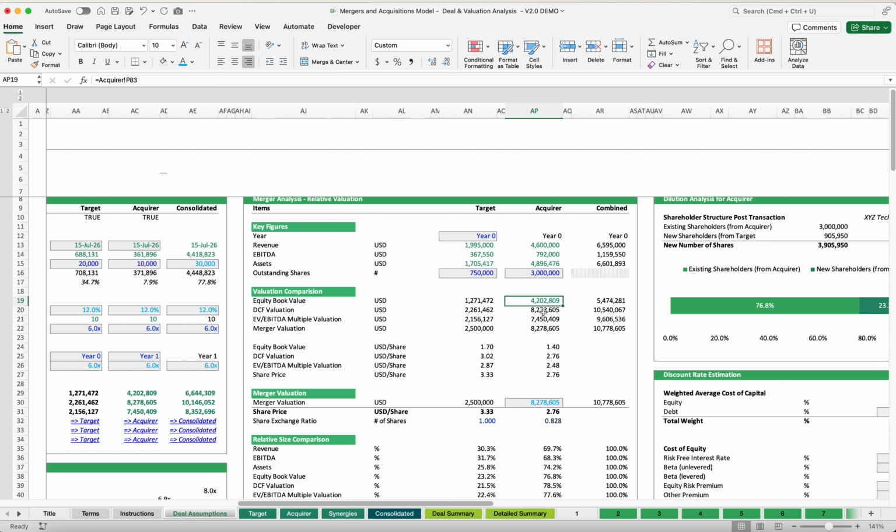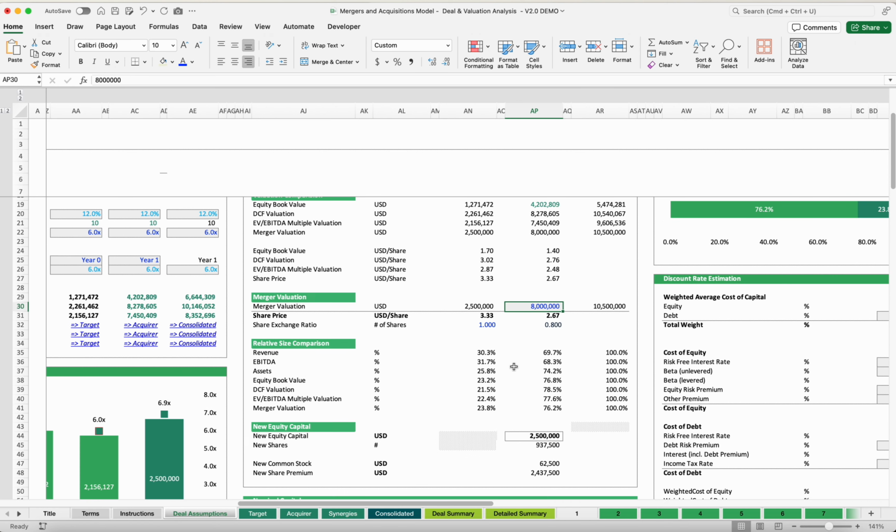In this case, we have a DCF value a bit higher, the EBITDA multiple a bit lower. So let's say we use a rounded figure. We just put this at 8 million, and because I'm doing this, I'm unlinking this from the DCF value. In this case, it's now an input, so I'm marking this in dark blue font color.